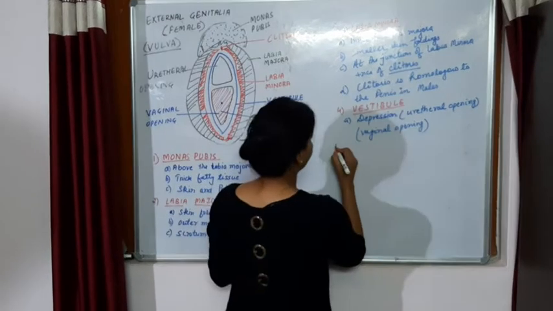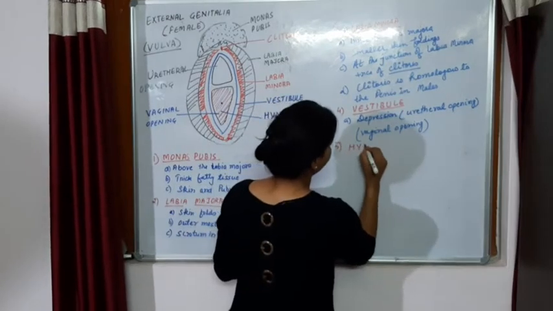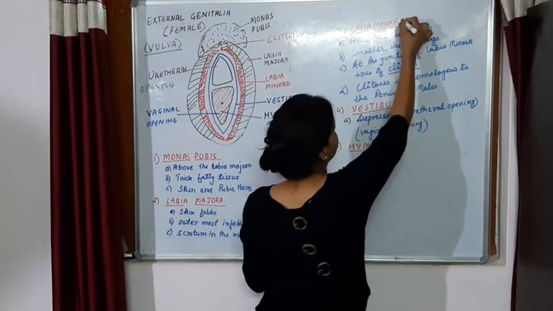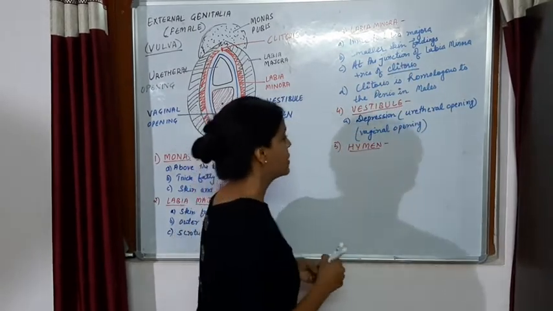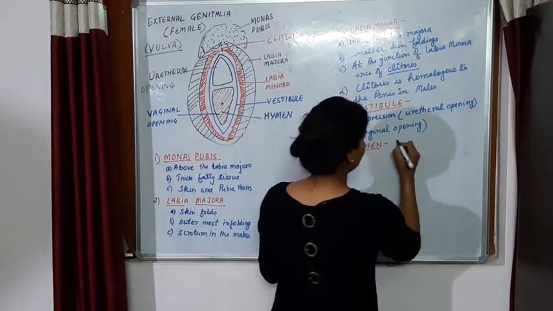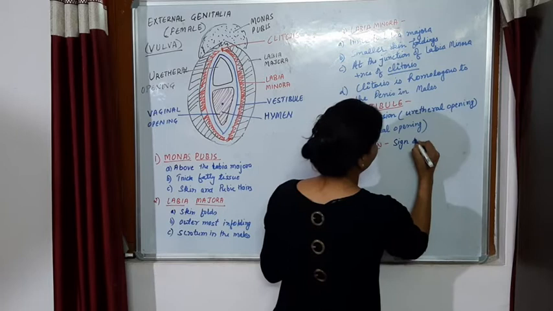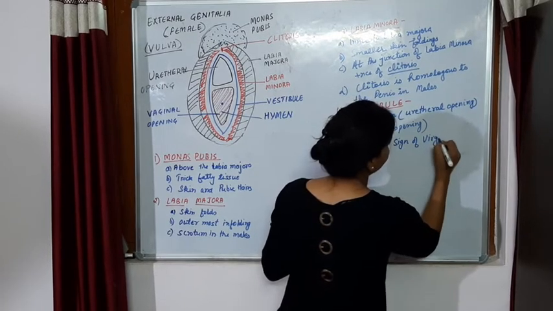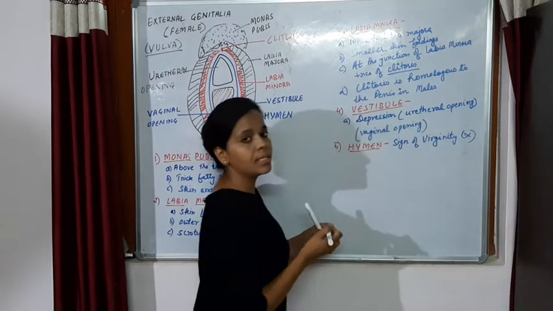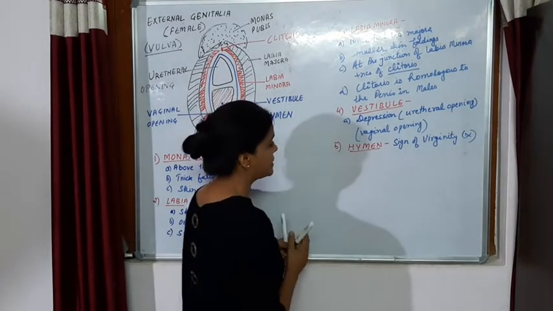Next is the hymen. So the fifth part is the hymen. In our previous culture, or in society, this was considered a sign of virginity, which is absolutely incorrect, right? It is just a myth or a misconception.